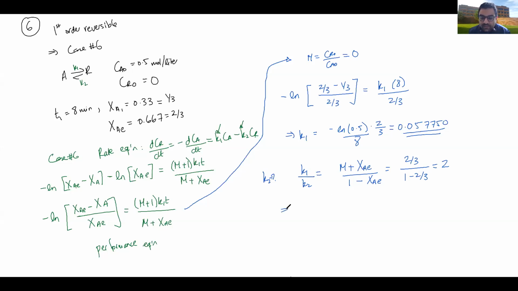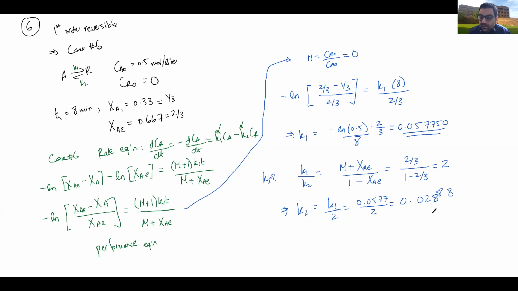So K2 is equal to K1 divided by 2, 0.0577 divided by 2. If I divide this number by 2, I get 0.02888. Yeah, here we go.